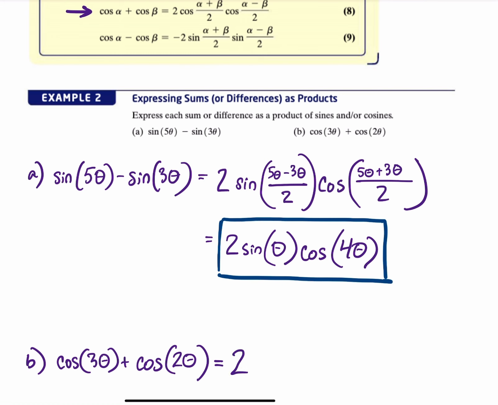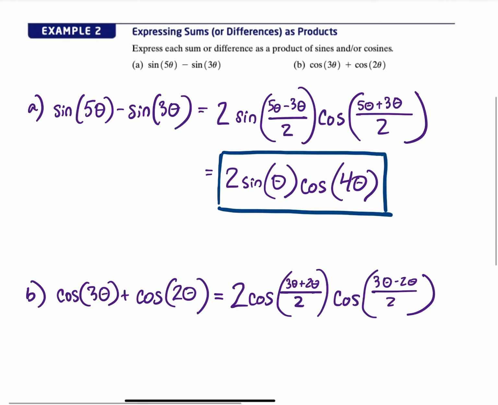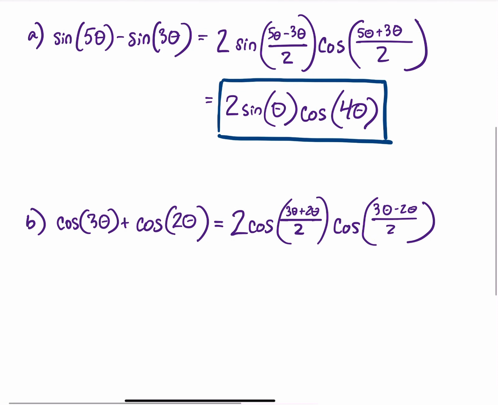So it'll be 2 times the cosine of the sum of our two angles, 3 theta plus 2 theta over 2, times the cosine of the difference of the two angles, 3 theta minus 2 theta over 2. So this will simplify to 2 cosine of 5 theta over 2 times the cosine of 1 theta over 2. So we'll just say theta over 2.